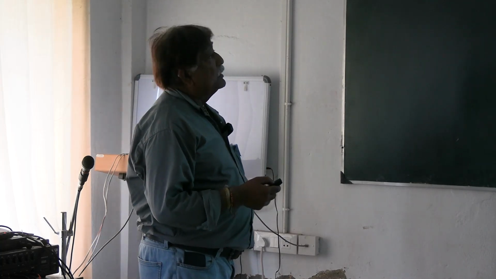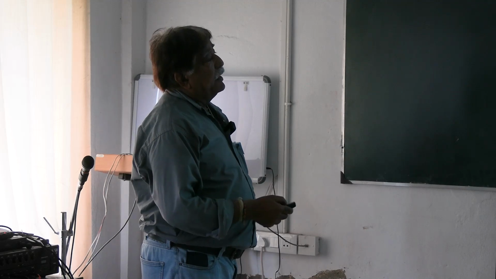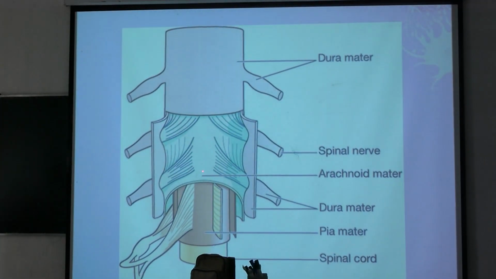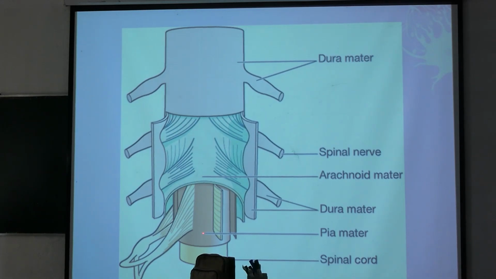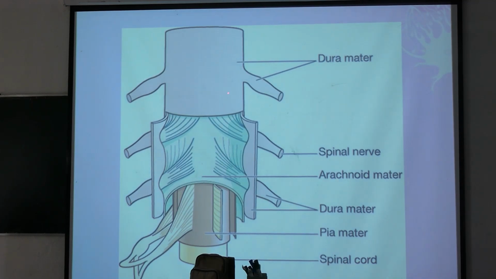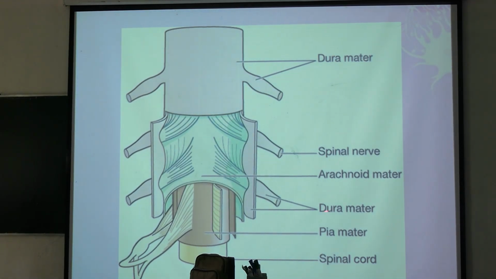Now, this is another good picture, the dura mater, simplified. The spinal nerve, the arachnoid mater, this is the pia mater, this is the spinal cord. Dura mater, arachnoid mater, pia mater, spinal cord.